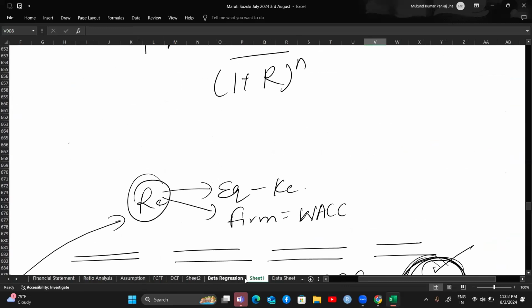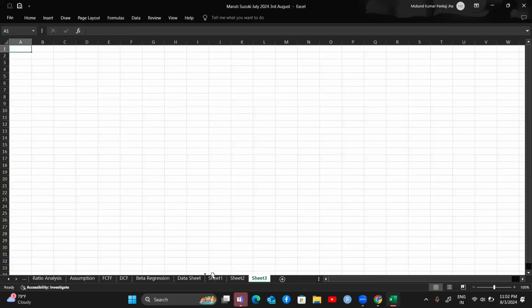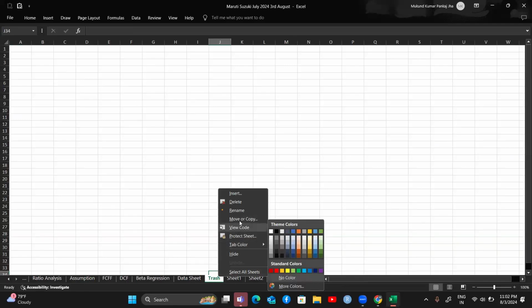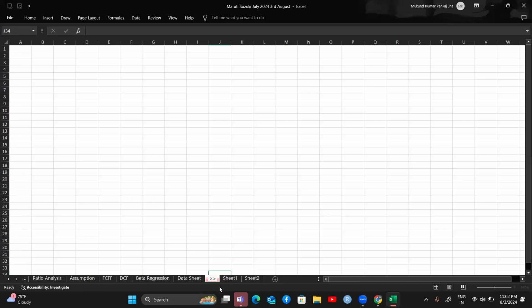Let me add a new sheet to this called trash, with a tab color, and here you can have your rough sheets.